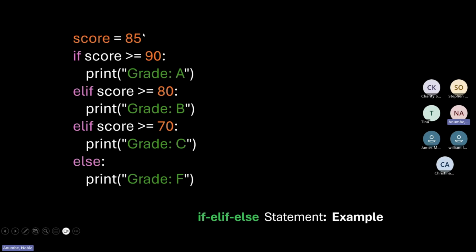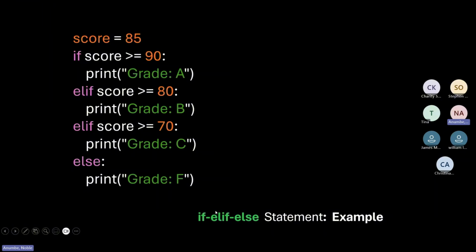For this particular element within that list, you say if the score is greater than or equal to 90, print A. Obviously, this is false because 85 is not greater than or equal to 90, so it skips this and goes to the next one. Else if the score is greater than or equal to 80, which evaluates to true, it will print grade B for this particular student, and then it will stop.